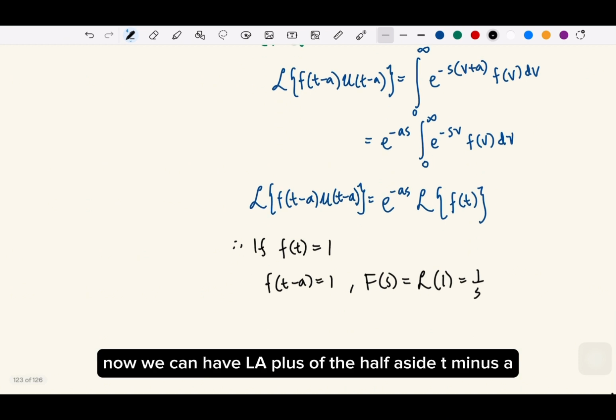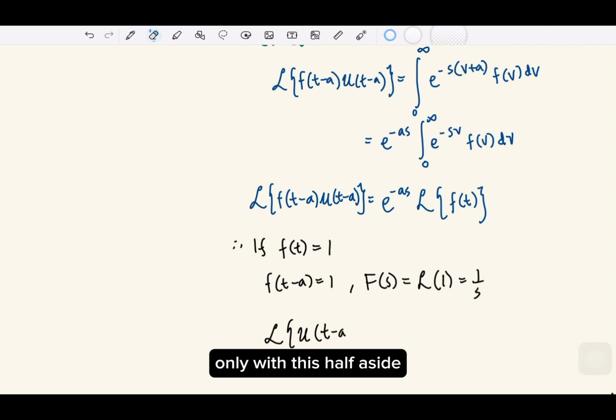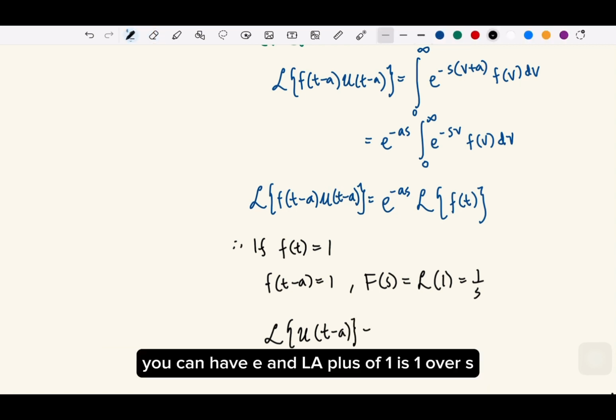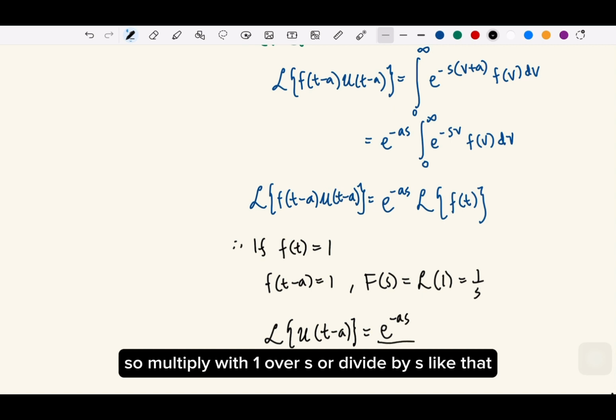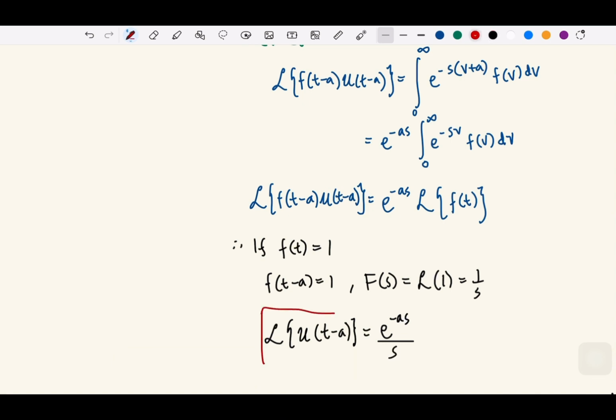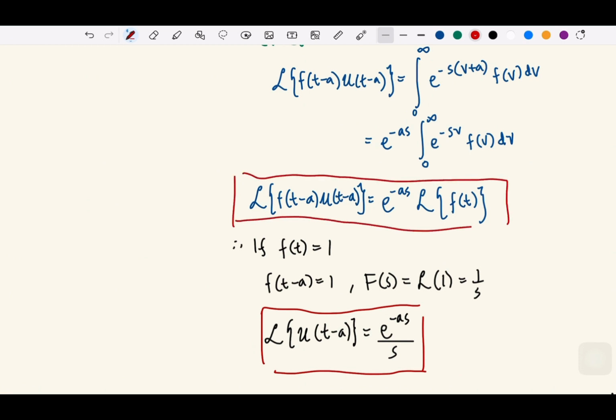Now we can have Laplace of the Heaviside t minus a. With this Heaviside we have e to the negative as, and Laplace of 1 is 1 over s, so multiply with 1 over s, or divide by s, like that.